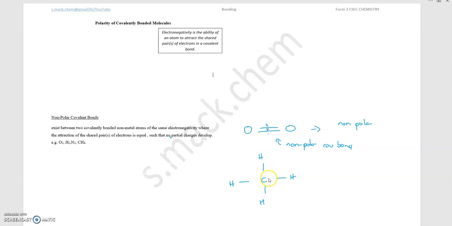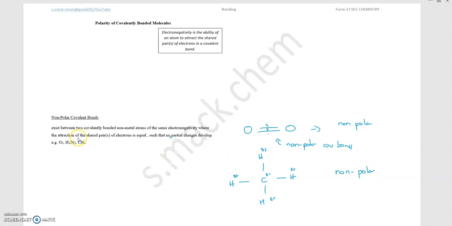And while it does have a slight amount of electronegativity, and as a result of that, these bonds should be slightly polar, what results in our molecule is that due to the presence of these four slightly polar covalent bonds, any polarity in the molecule cancels due to the symmetry of the molecule, meaning that overall the molecule becomes non-polar.